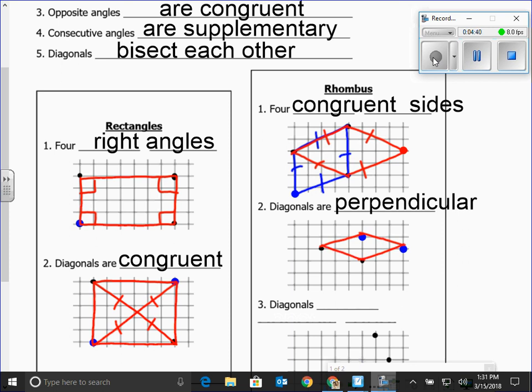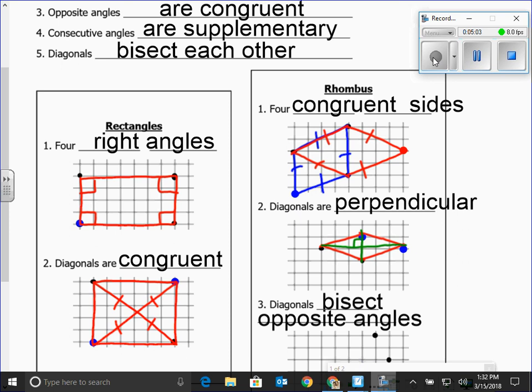And then we can see our diagonals bisect at a 90-degree angle. Okay. Now, as you can see, these diagonals do not have to be congruent, but they do bisect each other, and they are perpendicular to each other.